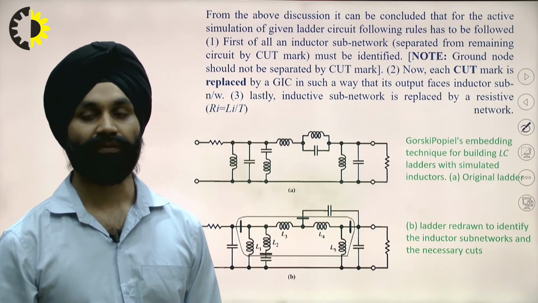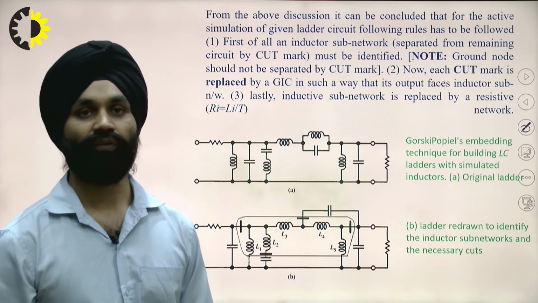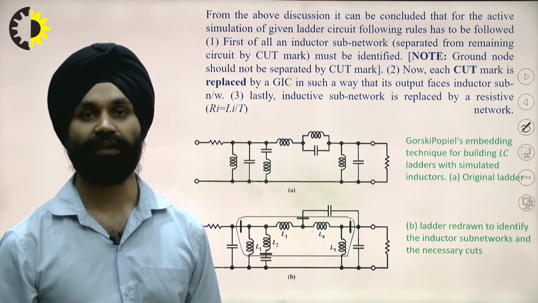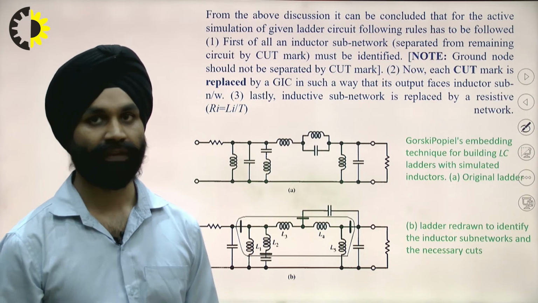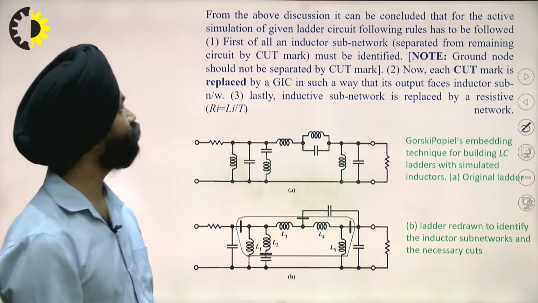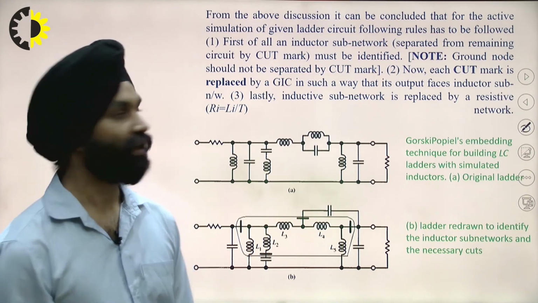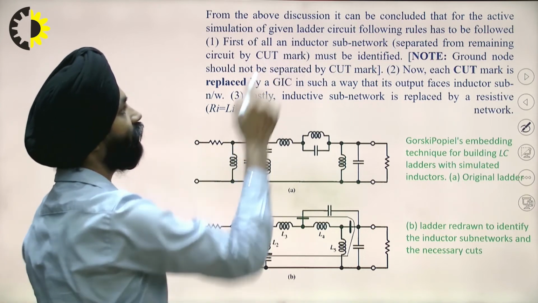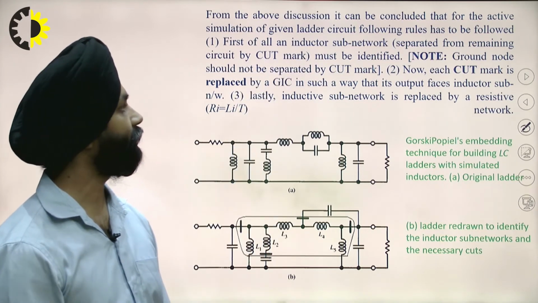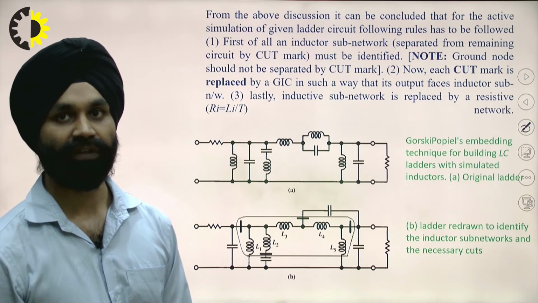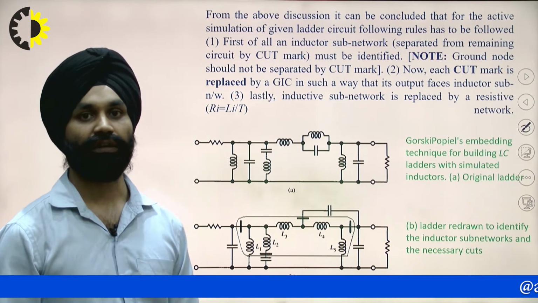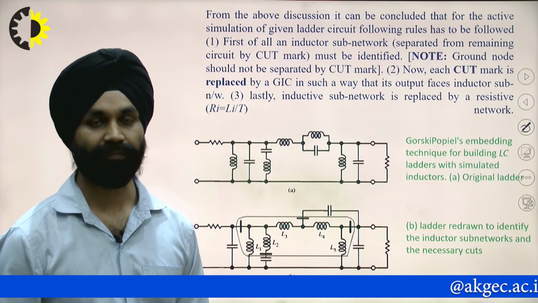Similarly, we can conclude that for the active simulation of the given ladder circuit, the following rules have to be followed. First one is that all inductor sub networks are separated from the different networks by using cuts.